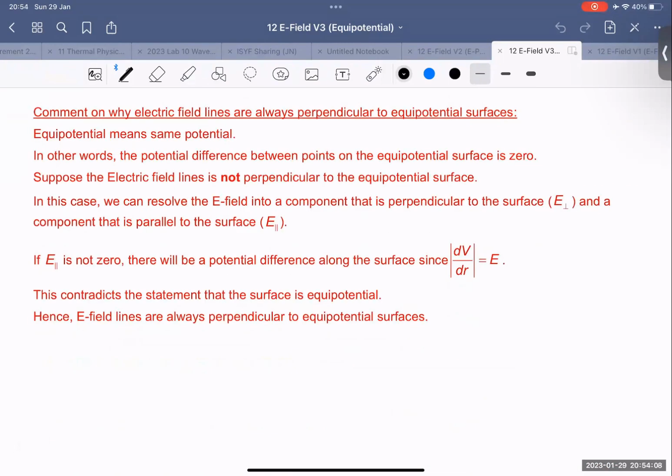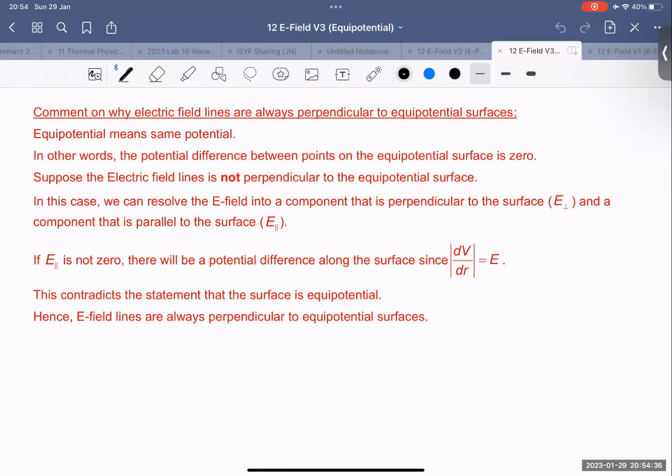Okay, why are electric field lines always perpendicular to equipotential surfaces? Equipotential means same potential. In other words, the potential difference between points on the equipotential surface is zero. Suppose the electric field line is not perpendicular to the equipotential surface. In this case, we can resolve the E field into a component that is perpendicular to the surface and a component that is parallel to the surface.